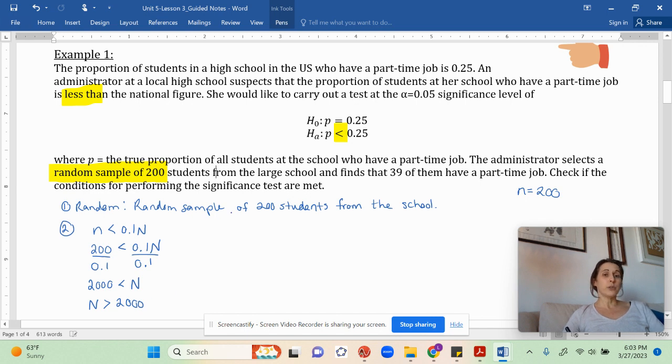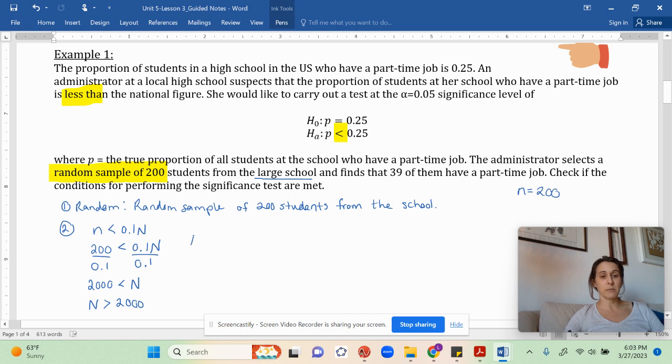Well, it does say that this is a large school, so I have to make an assumption that the school has at least 2,000 students. Large is not specific enough for me to be sure that I have 2,000 students in total at the whole school.